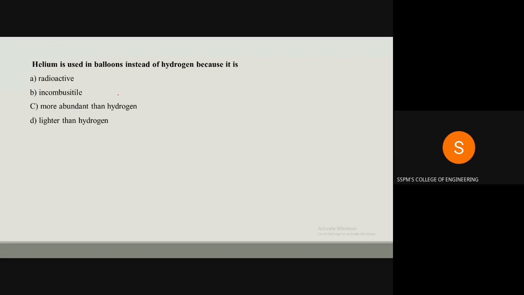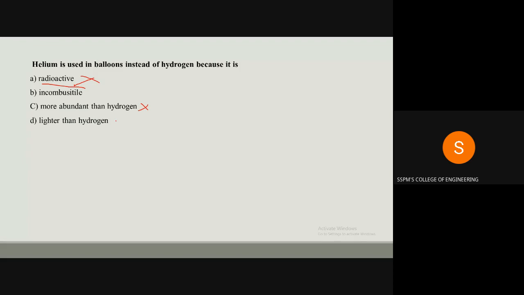Then, helium is used in balloons instead of hydrogen because it is incombustible. Radioactive? Helium is not radioactive, so that is incorrect. Radiant means it does not give radiation energy. More abundant than hydrogen? That is also not correct; hydrogen is more abundant than helium.